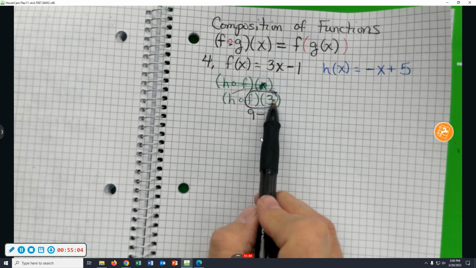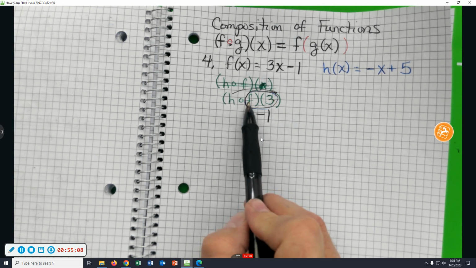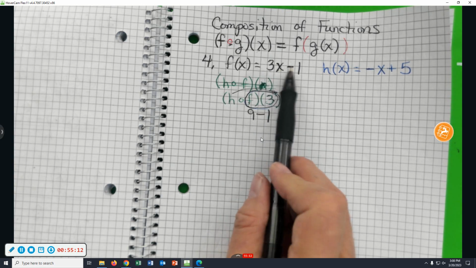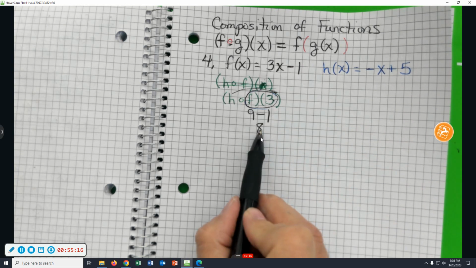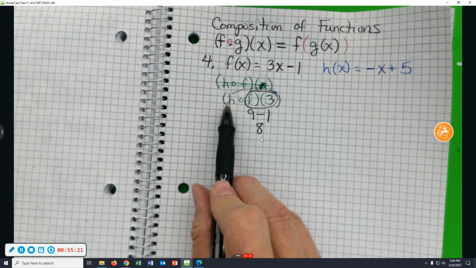So I'm taking the 3, plugging it into f. So we have 3 times 3, 9 minus 1, that's 8. Take the 8, plug it into h.